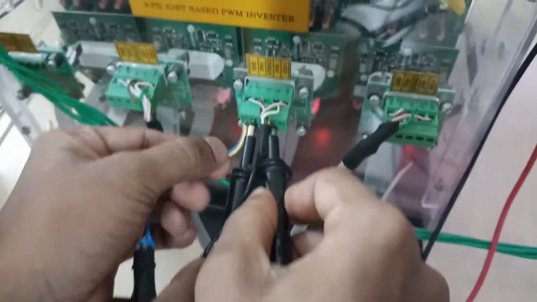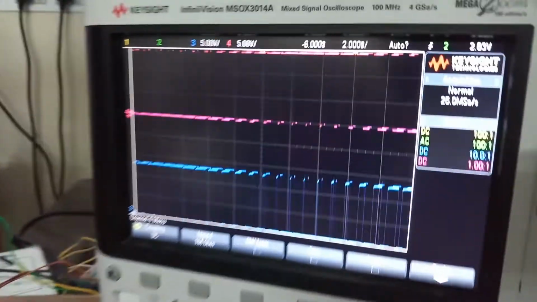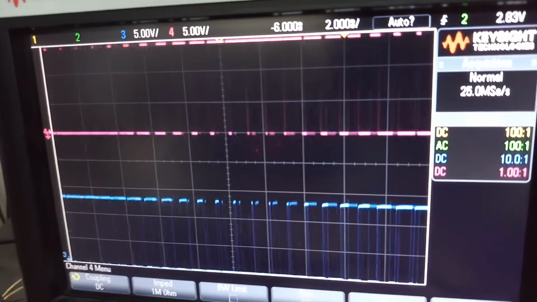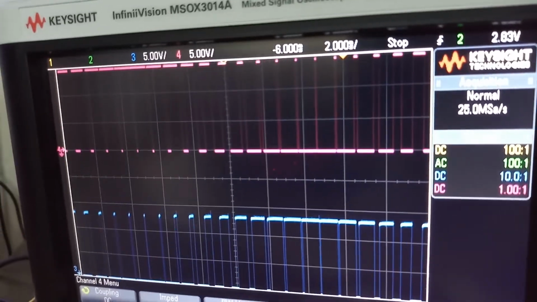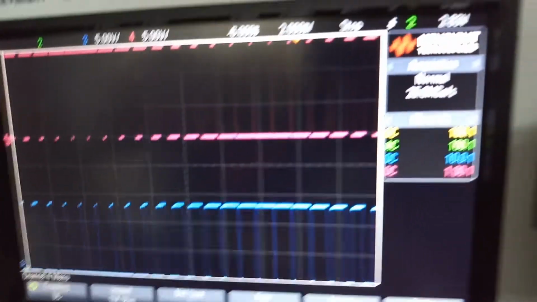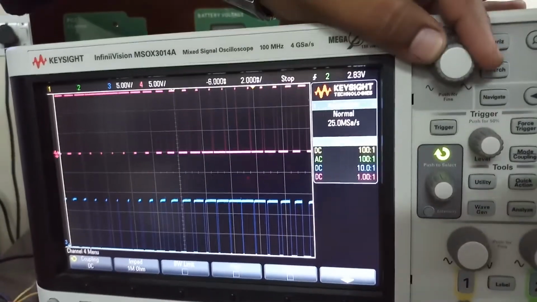This is the second leg input pulses. Checking on the CRO, the pink color is the upper switch, and blue color is the lower switch. See the complement waveform of the switching pulses.